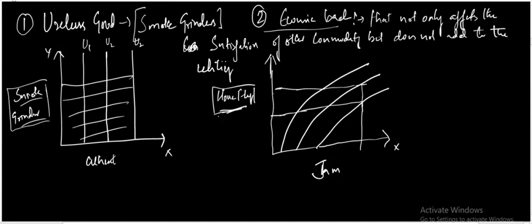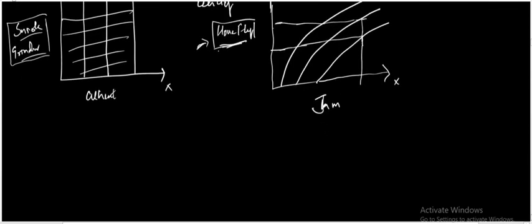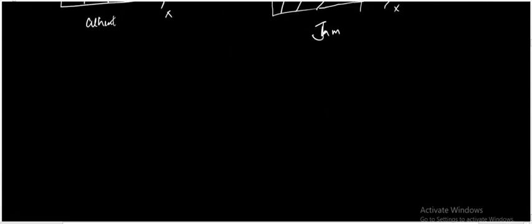So in this case, the housefly becomes an economic bad that not only disturbs the satisfaction of the other commodity, but also does not add to the total utility in itself. Now let me talk about two more cases. The first case is that of the perfect substitutes, and the second is the case of perfect complementary goods.